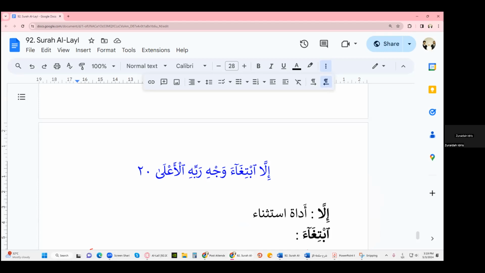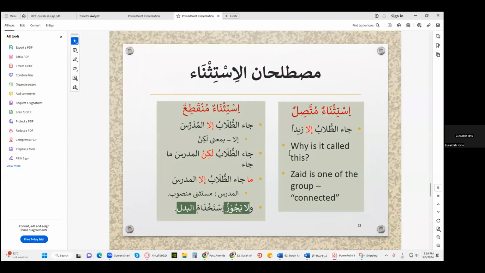So we have two types of istisna. I do not know, because my notes might be different from Sister Adila's. One is muttasil, and the other one is munqati. What it basically means is Zaidan here belongs to the group of students, so there is a connection, muttasil.